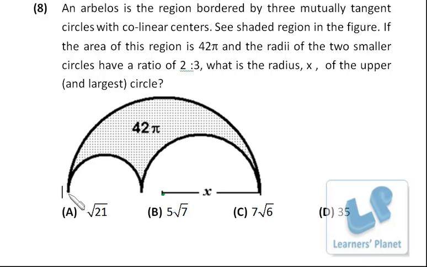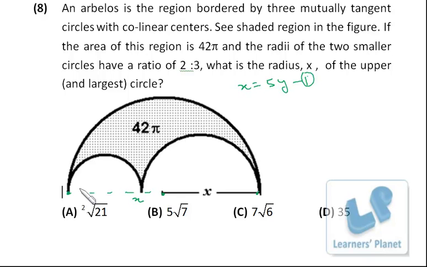This length is x, so this length must also be x, right? Now I assume the radius of this as 2y and the radius of this semicircle is 3y, right? So this total length is 4y, this total length is 6y, right? So from here to here the total length is 10y, and this is actually 2x. So 10y is 2x, that means x is equal to 5y. That is the first relation that we got, right?